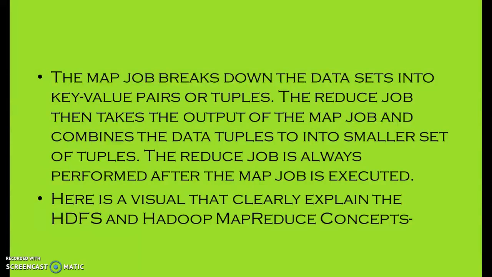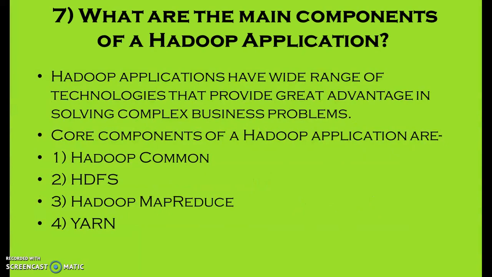Then the reduce job takes the output of the map job and combines the data tuples into a smaller set of tuples. The reduce job is always performed after the map job is executed. We are going to discuss that in another session as well regarding the map jobs.